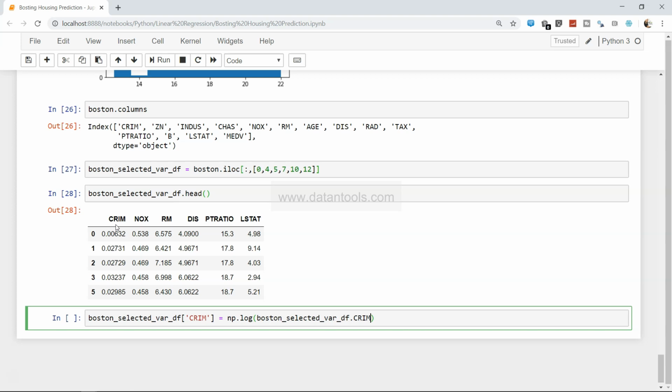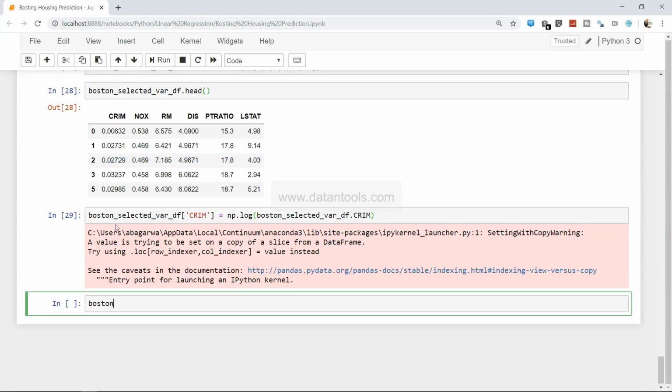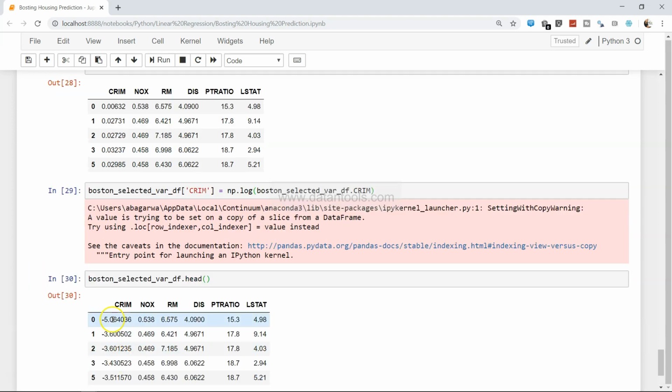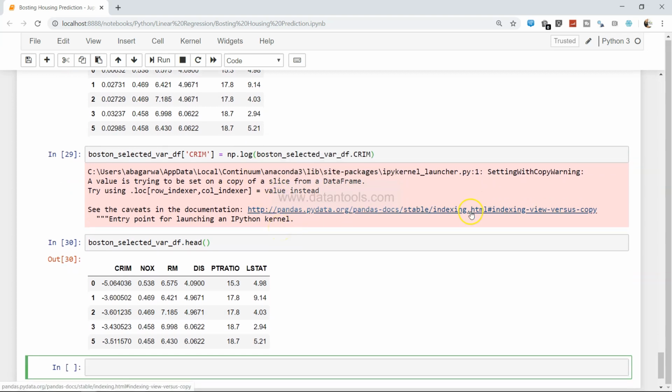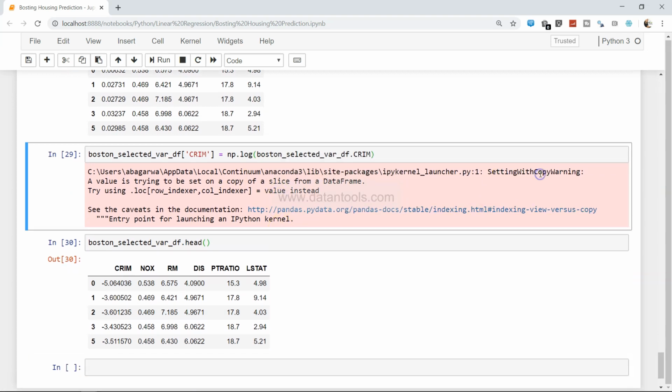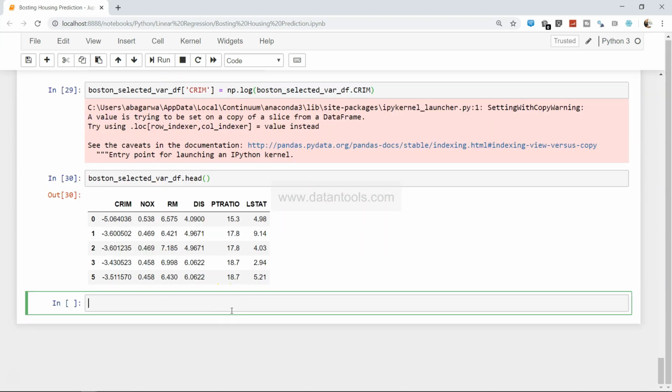All right, so we'll go ahead and execute it, and I will just evaluate this by using the head, and yeah, these are all transformed into the log. So I'll just go ahead and ignore the warning, which is a SettingWithCopyWarning. A value is trying to be set on a copy. It's a slice from a data frame, so I'll just ignore that for now. Okay, so now our data set is ready.